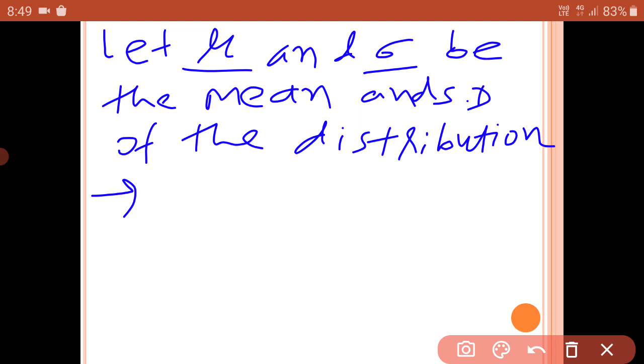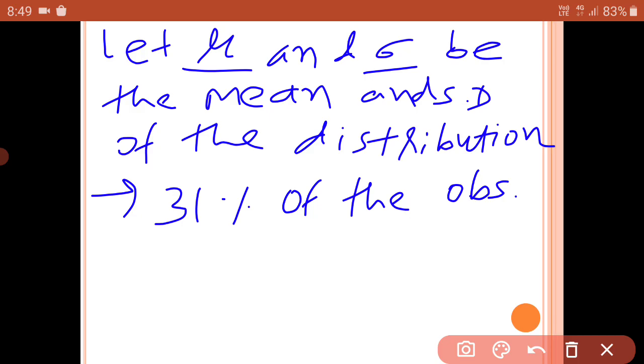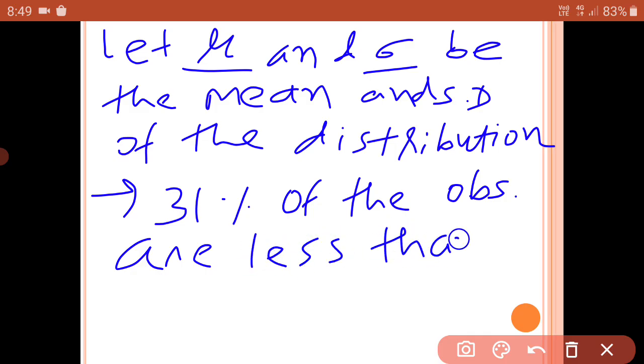Then after you write the first line, 31% of the observations are less than 45.